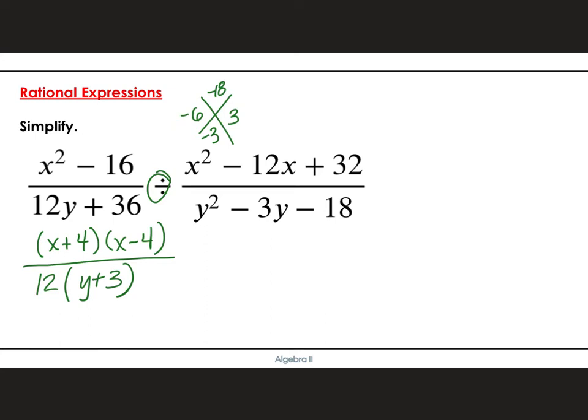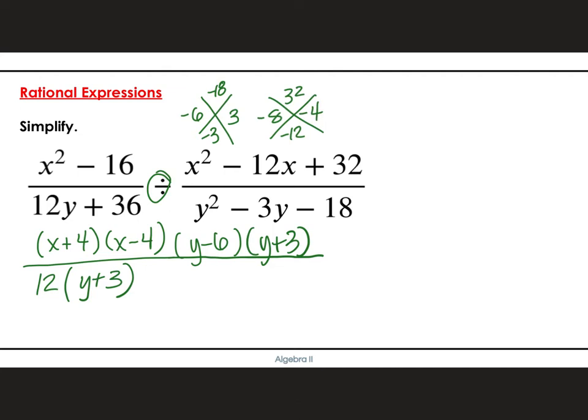So that's going to be y minus 6, y plus 3 now in the numerator because I had to flip it. And then I want to know what multiplies to give me 32 and adds to give me negative 12. I know 8 and 4 is 32. I need them both to be negative for negative 12. So that means I'm going to have x minus 8, x minus 4. And so now I want to go through and see what things I can eliminate.